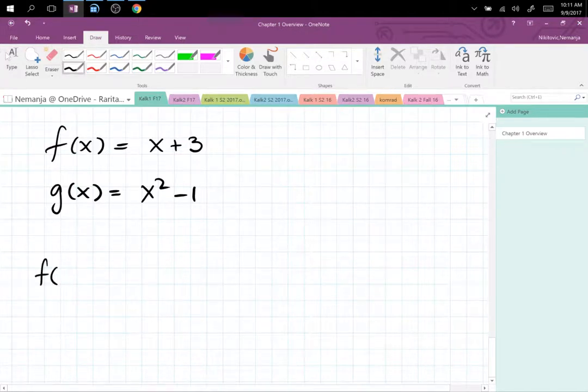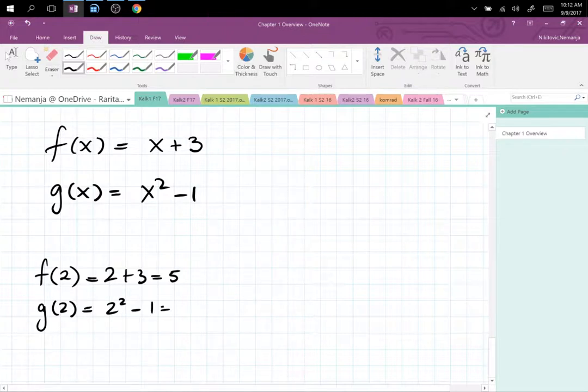Let's compute f of 2 and g of 2. So I have 2 plus 3, which is 5, and 2 squared minus 1, which is 3. How much is f plus g of 2?